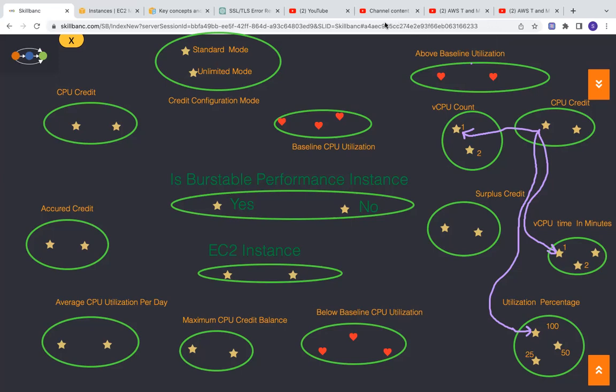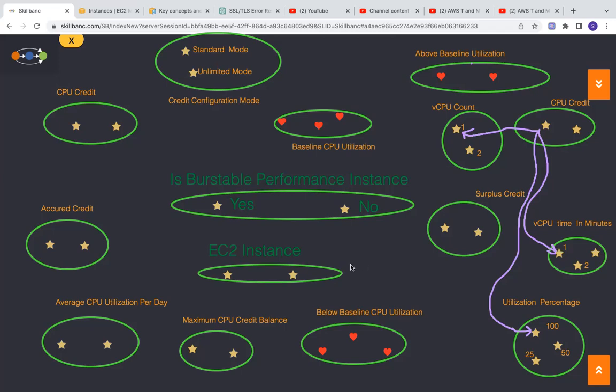and configure the CPU units, the vCPUs, that you want.